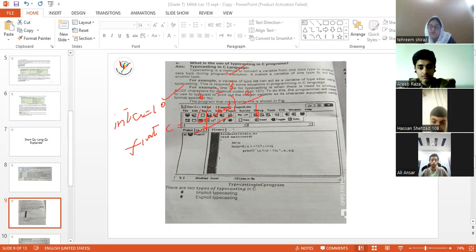When this float is in the bracket, it is known as type conversion, right? So what the system will do is float c equals 10.0 divided by 3.0, and the answer will be 3.3. So this is the right way to convert the integer into float. Clear? So this was the second case, as I have told you the first case where the chances of loss are more, and this is the second case, right?